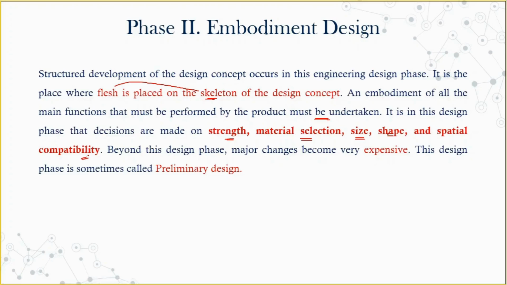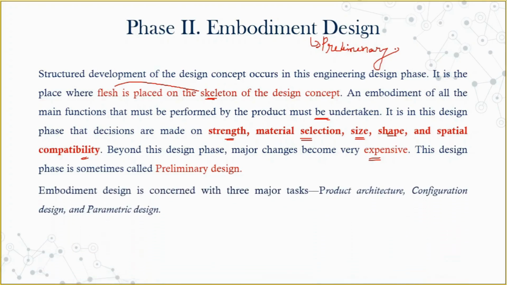Beyond this design phase, major changes become very expensive, because the embodiment design is also known as the preliminary design phase. Once you have the detailed design phase, after that the changes will be very difficult. So preliminary design we already discussed.